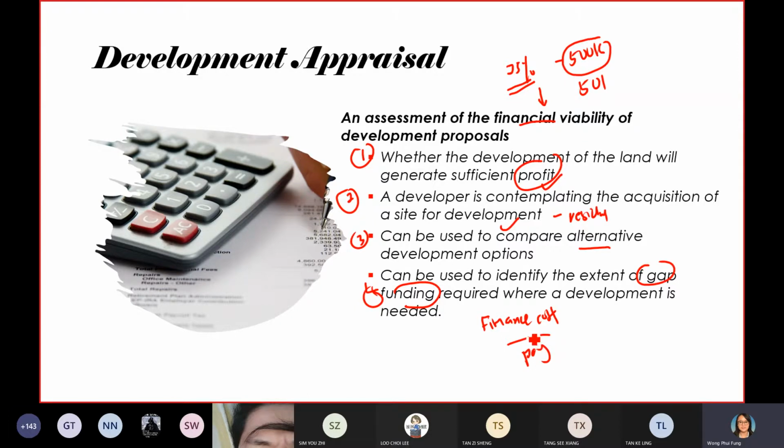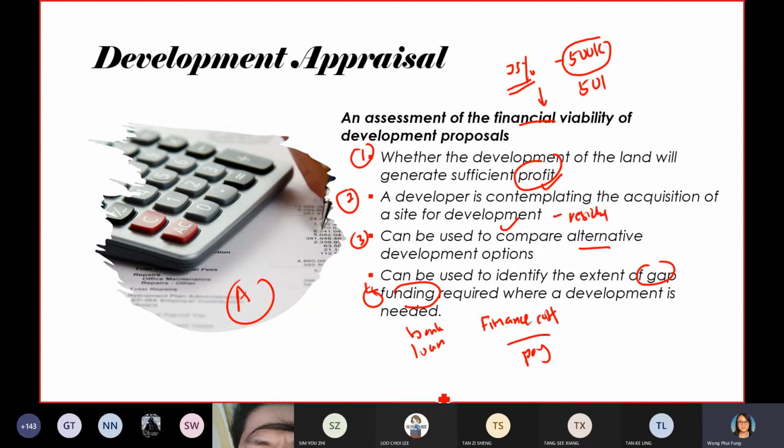So how to convince the bank to give you a loan for this project A? Of course, the first question the bank will definitely ask you is how much profit this project is going to generate.